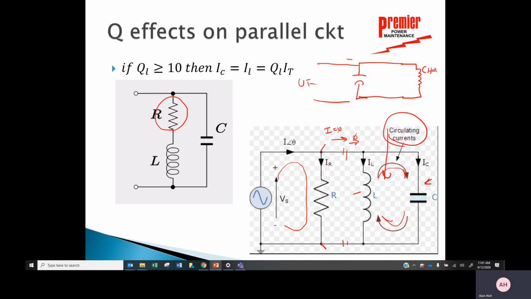In essence, we didn't see much current flowing here, but this circulating current flowed between this chiller inductor and this capacitor, while everything else was going on in the rest of the hospital. At the resonant frequency it was so high that they not only blew the fuses on the capacitor, but they had to call the fire department to put the fire out, okay? So that circulating current, created by a resonant harmonic from the inductance and the capacitance of the system, created havoc on their electrical system.